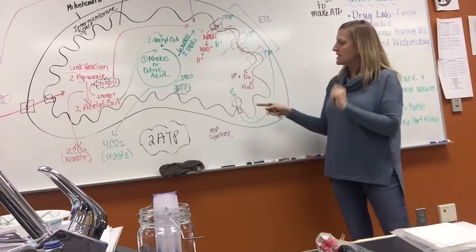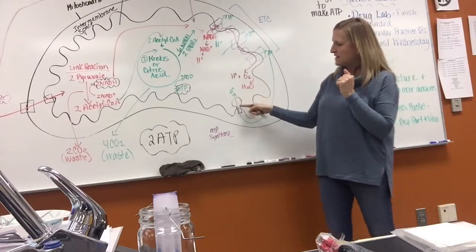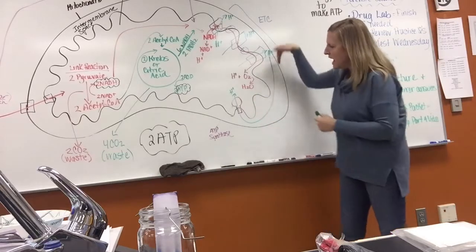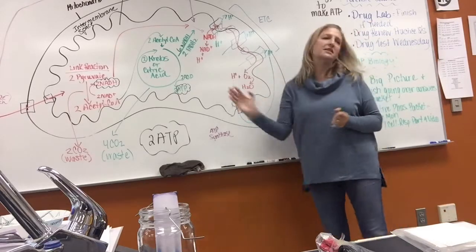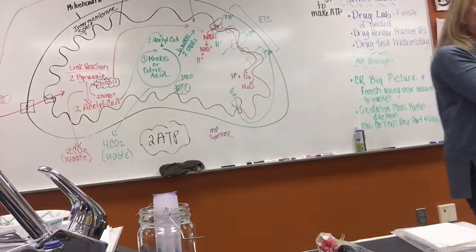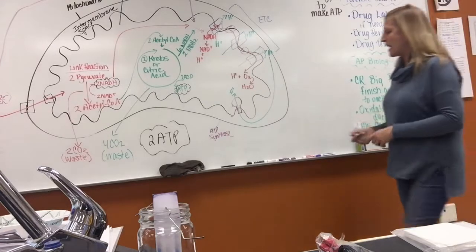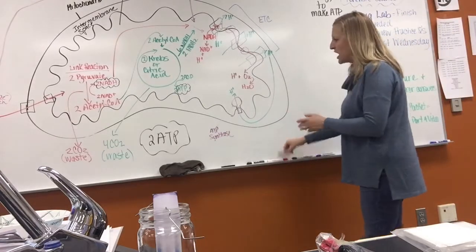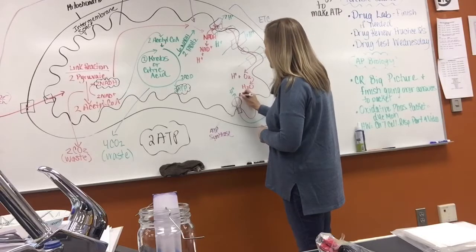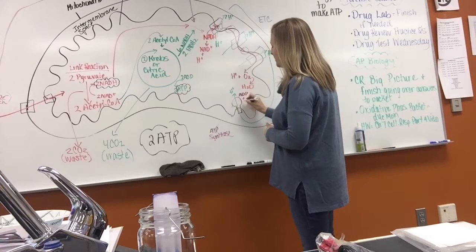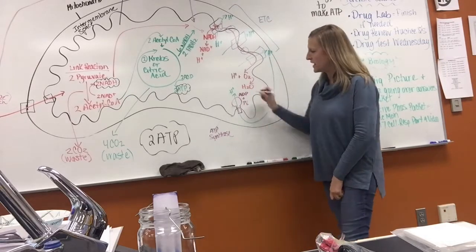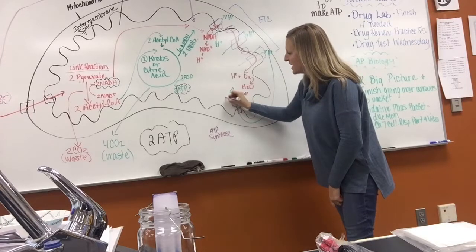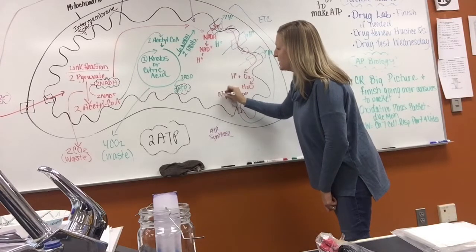So what happens is ADP and the phosphate can't bind to the active site of ATP synthase unless it's in the right shape. So H plus diffusing through there changes the shape of the enzyme, and when the enzyme shape is changed, then the ADP and the inorganic phosphate can come and bind to the active site and ATP can be made.